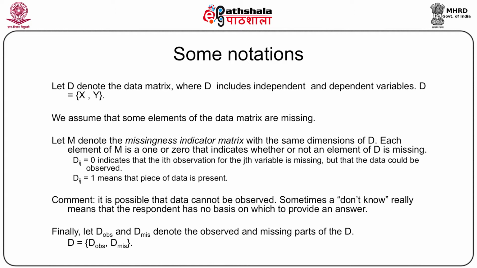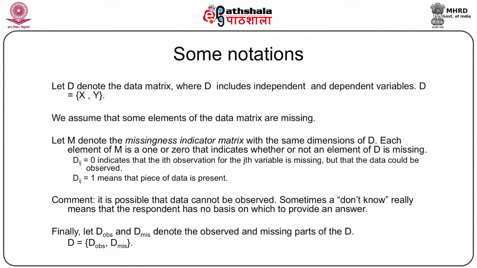M_ij equal to 0 indicates the ith observation for the jth variable is missing, but that the data could be observed. M_ij equal to 1 means that piece of data is present. So M_ij is an indicator variable.